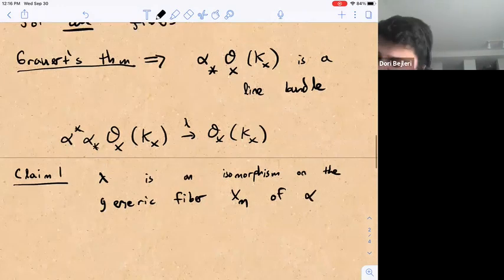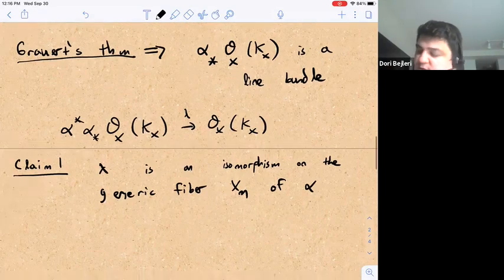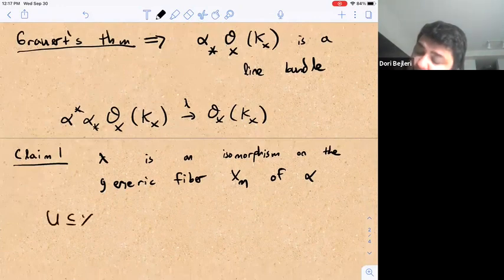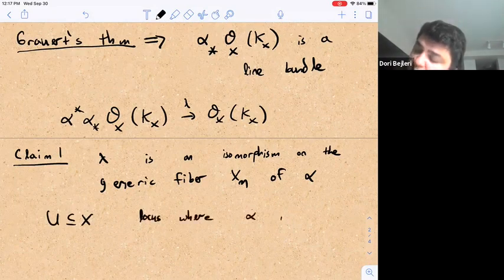And to see this, on the generic fiber, we have just a smooth curve. And more generally, if we restrict to the smooth locus, so let's say U in X is the locus where alpha is smooth, which contains this generic fiber.